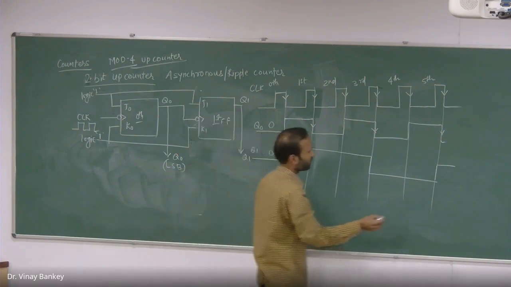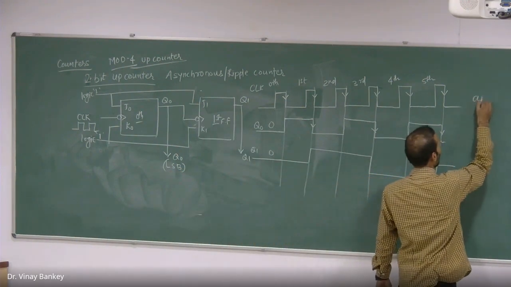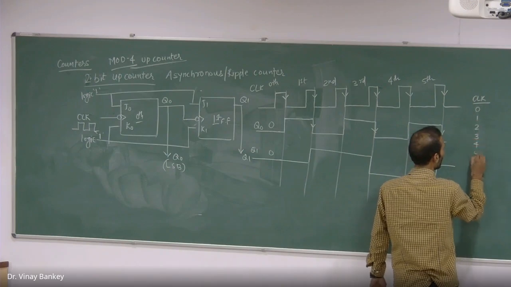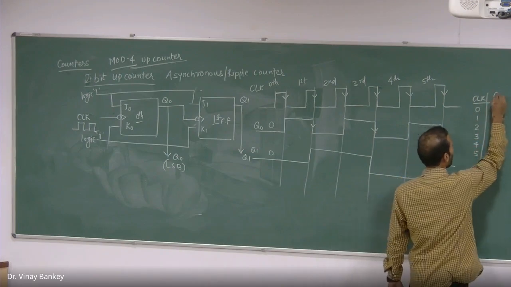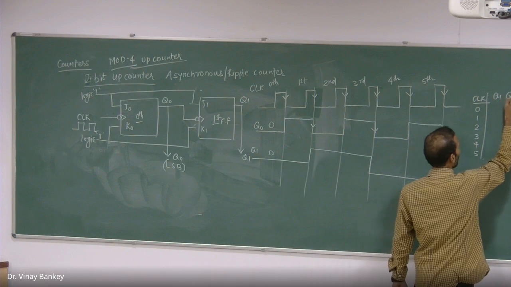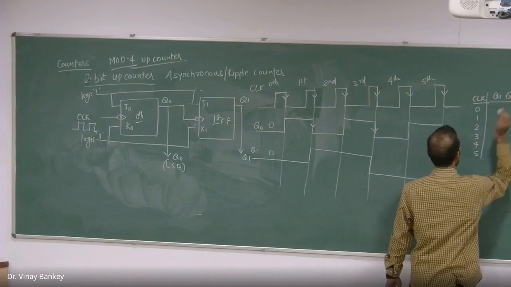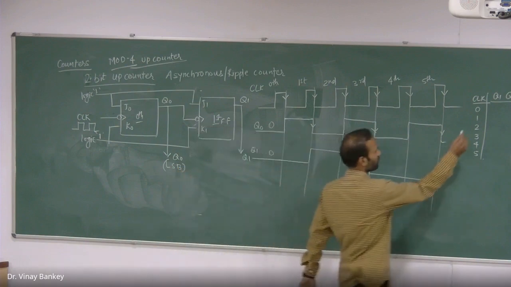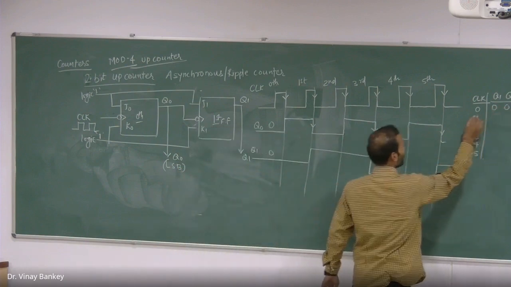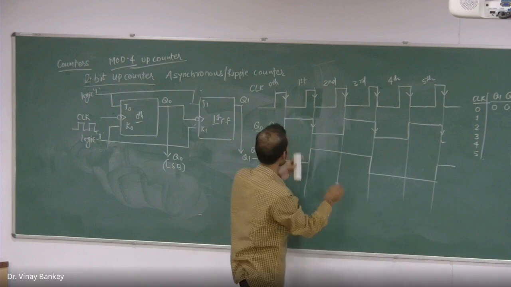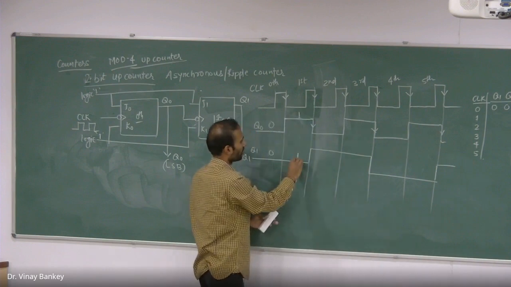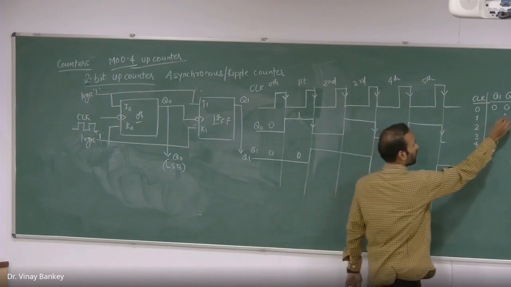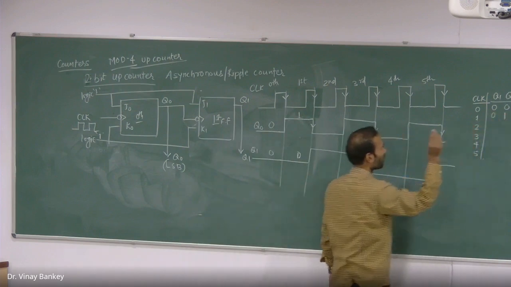Now analyze this. We have clock pulses here, 0, 1, 2, 3, 4, and 5. And what are the states of this counter? For the 0th clock pulse, it was 0 0. For the first clock pulse, Q0 is 1 and Q1 is 0.